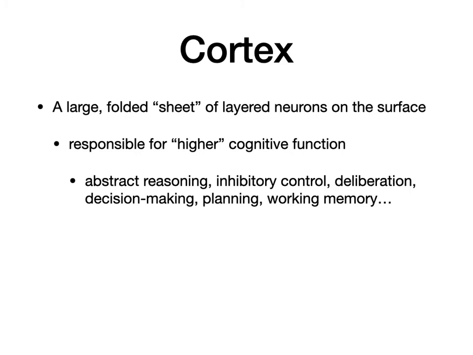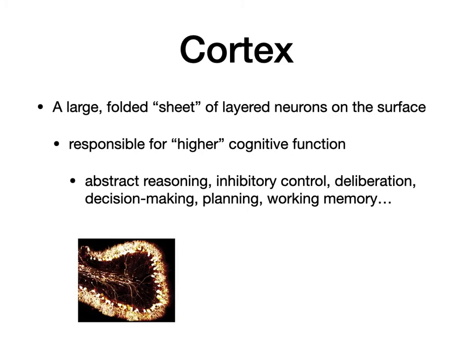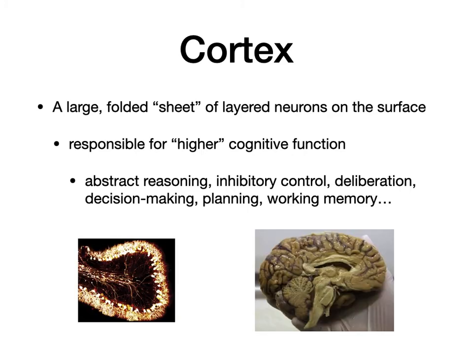All that stuff is in the cortex. We can see some images here of cortex. These are the folds. These are little slices to show off how a fold looks. There are neurons within it, and they run off in different directions, right?